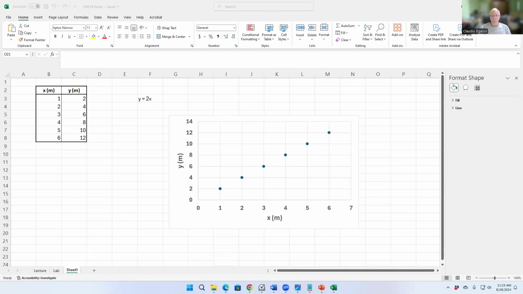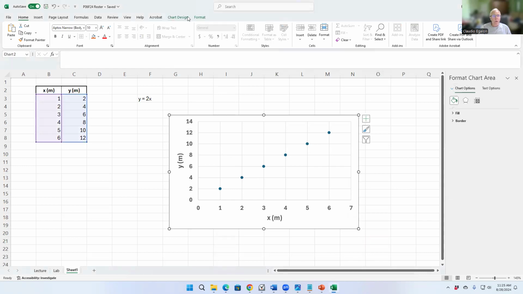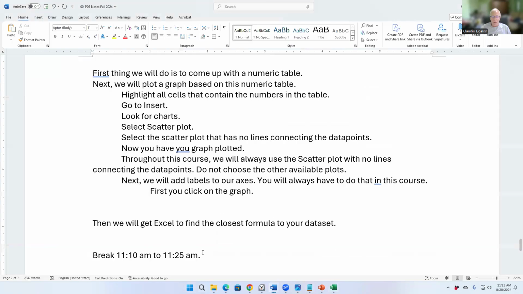I am back here. So let's go. Here you go. So I'm going to the document. When I click here, those two other options appear: chart design and format.